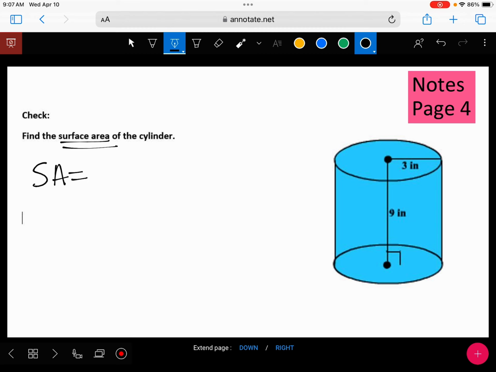So surface area of a cylinder is equal to 2 pi times r times h plus 2 pi r squared. That's your formula. You don't need to memorize these formulas. They will be provided to you.